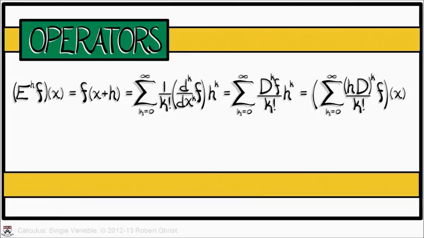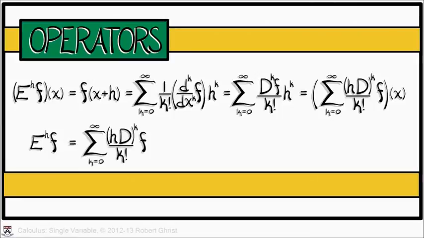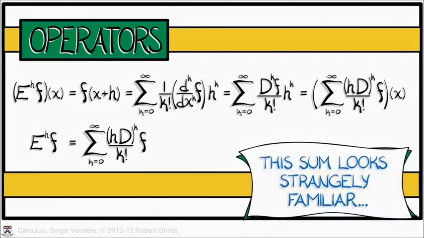Now, step back for a moment and take a look at what we've done. We've really said that this operator, E to the h of f, is equal to the sum, k goes from 0 to infinity, of something to the k over k factorial applied to f. Where have I seen something like that before? This really looks like an exponential.